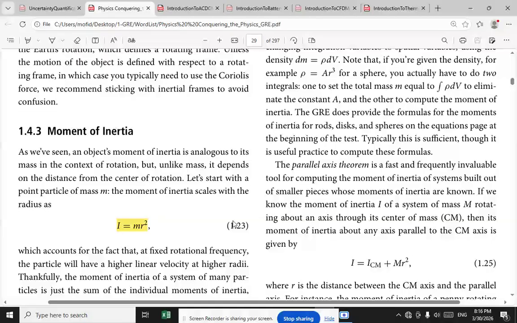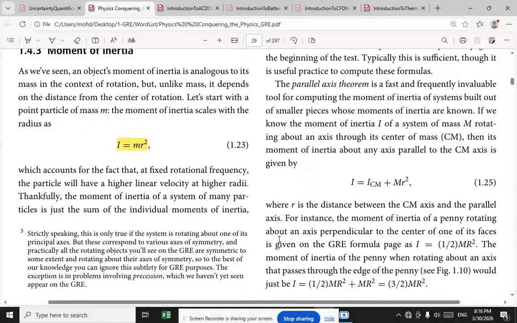The moment of inertia scales with the radius as I equals mr squared, based on equation 1.23, which accounts for the fact that at fixed rotational frequency the particle will have a higher linear velocity at higher radius.